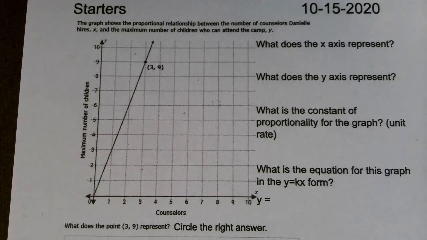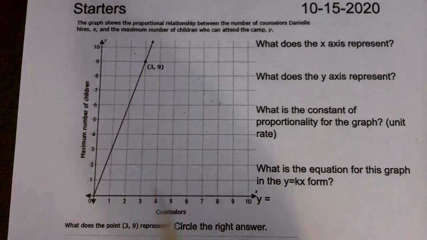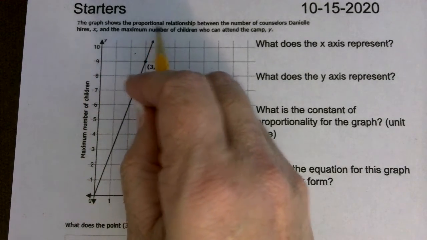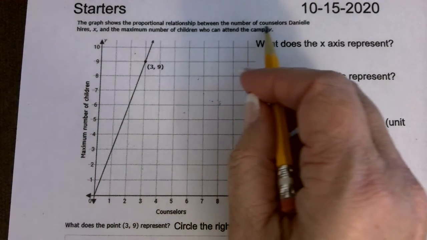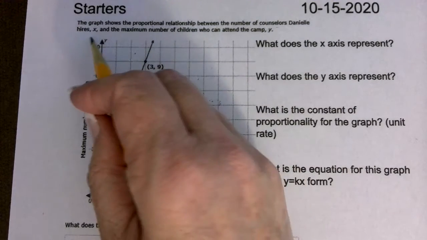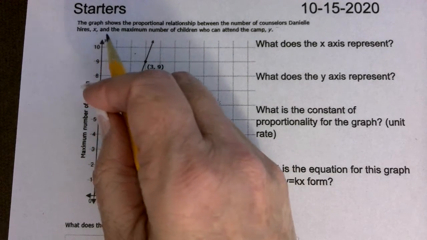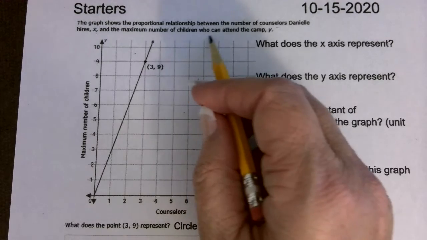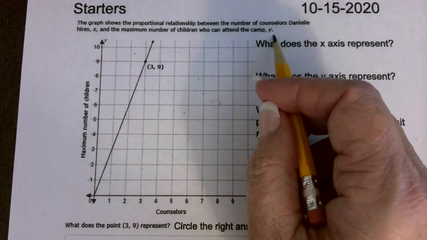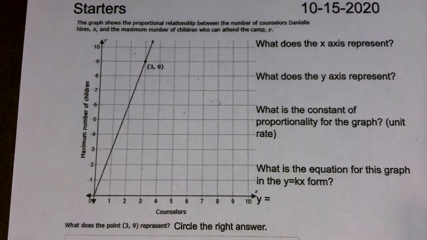Right here are the answers for Thursday's starters, last ones for the week. The graph shows the proportional relationship between the number of counselors Danielle hires, that's your X, and the maximum number of children who can attend the camp, Y. What does the X-axis represent?